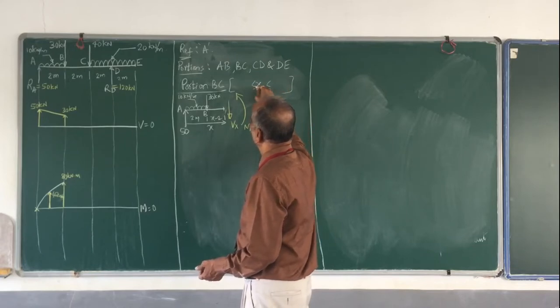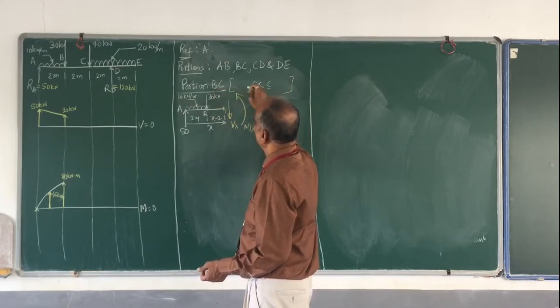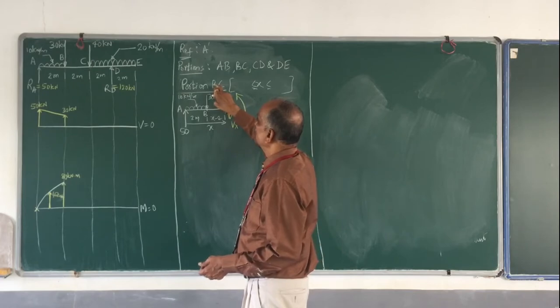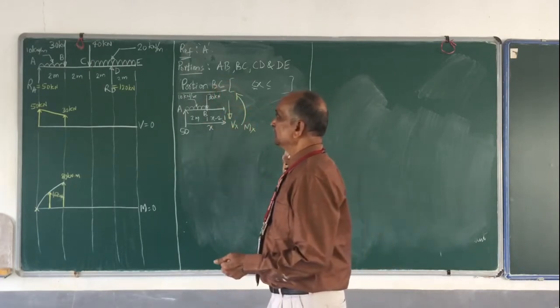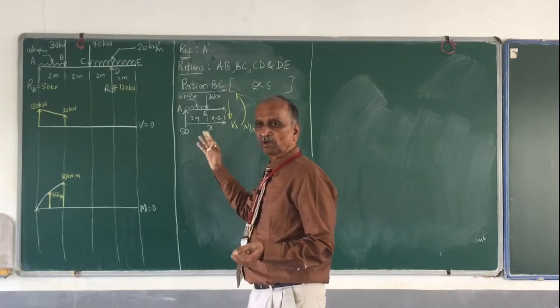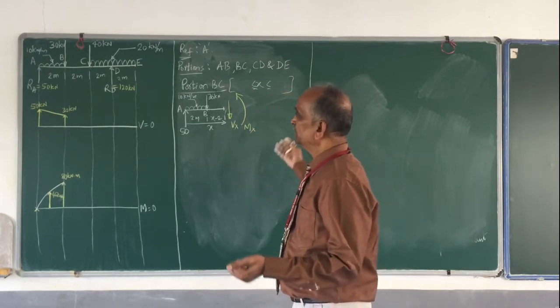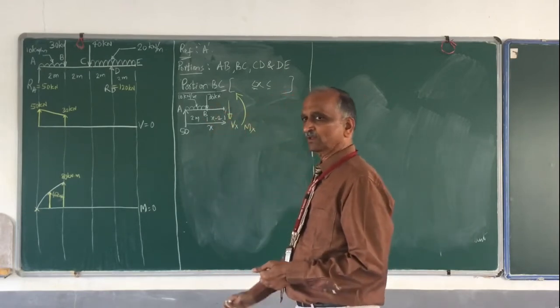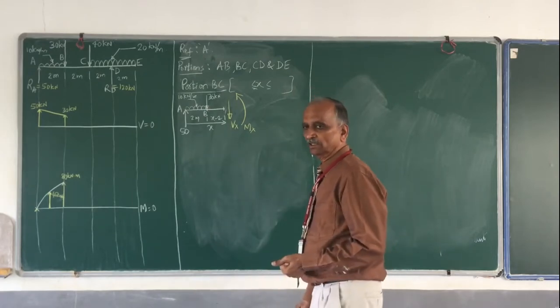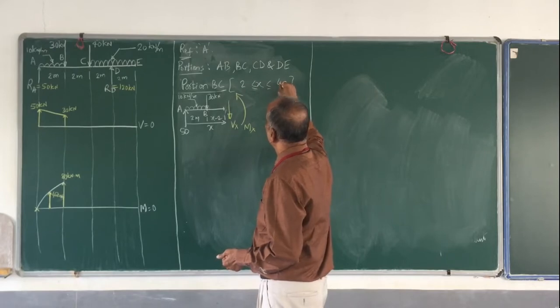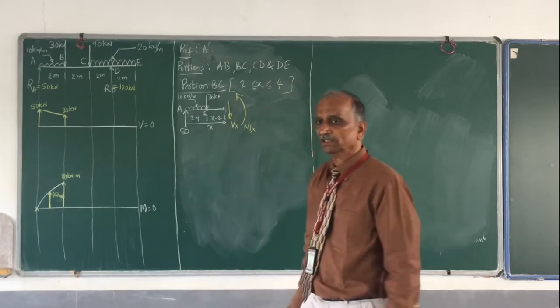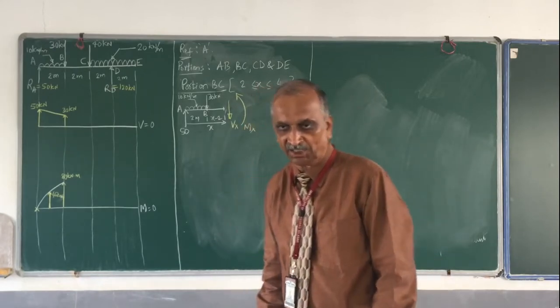Please remember, the section has to be between B and C. The section is measured with respect to A. That is what we call X. So the smallest value of X can be 2 meters and the largest value is 4 meters, so that it can be between B and C.